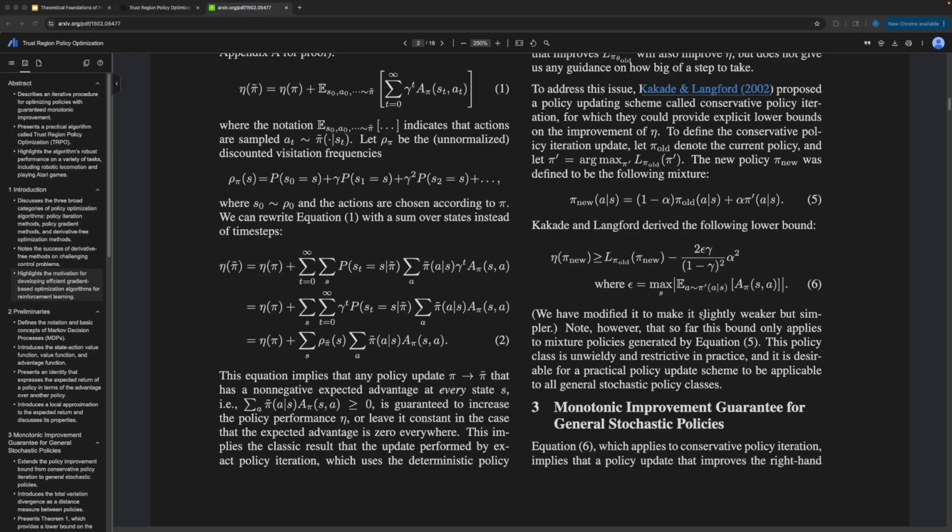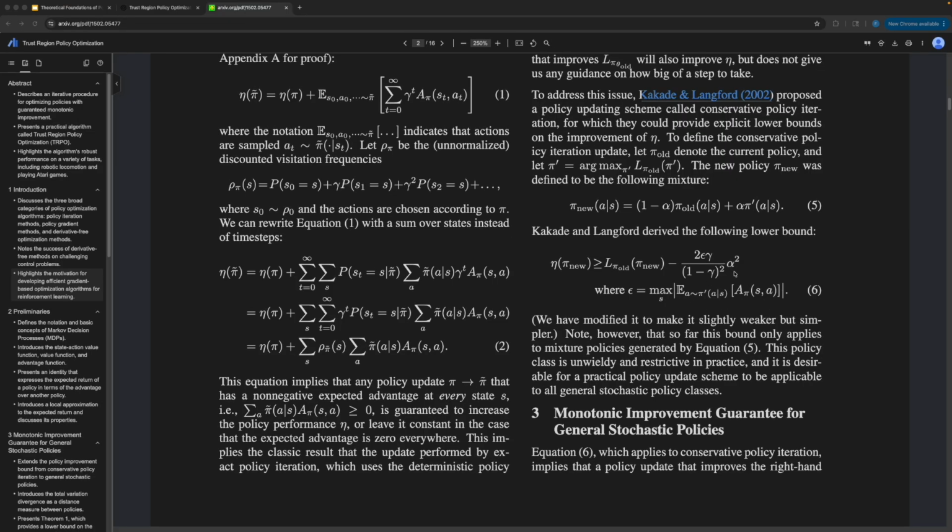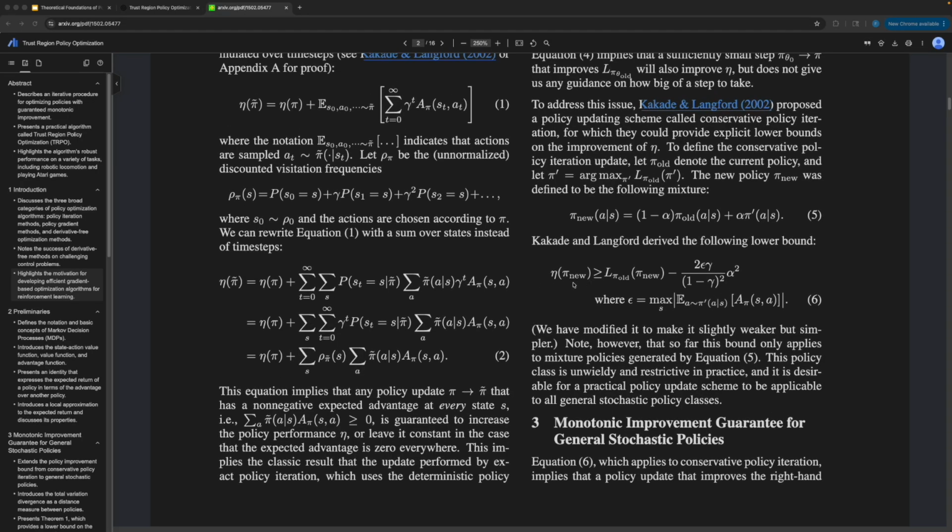So if the π' is very close to π, this max across all states of the expected advantage would be small, and if you choose alpha to be small, you can show that your new policy's performance would be greater than or equal to L_π_old(π_new).